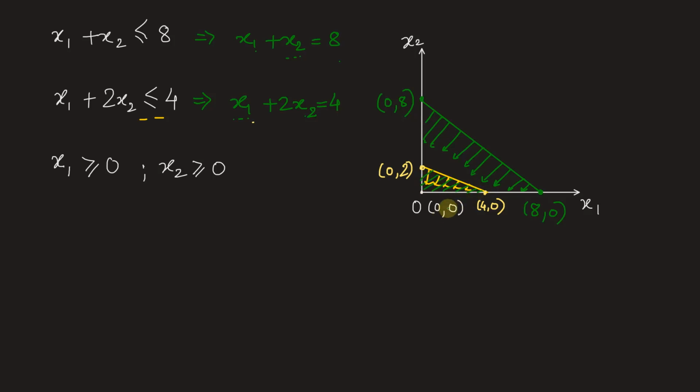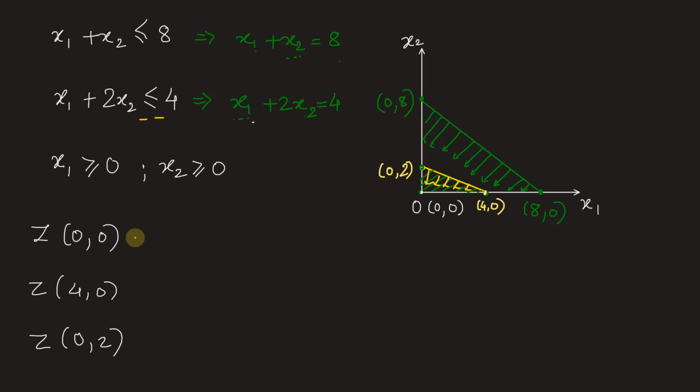So we need to check the value of function z on the three end points of this area, the three limiting points of this area. We need to check z at 0, 0, z at 4, 0 and z at 0, 2.